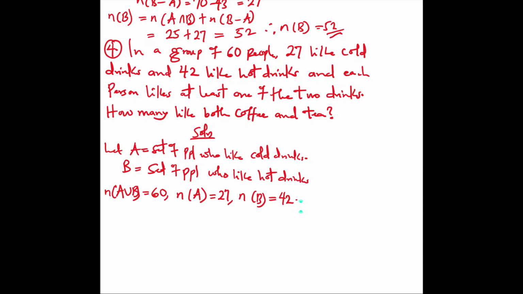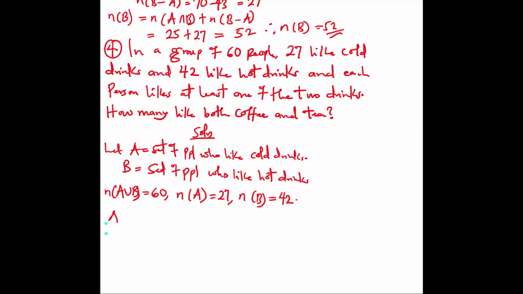Okay, so now we want to find what is common between A and B. It's still going to be the same formula: n of A union B equals number of A plus number of B minus A intersection B.